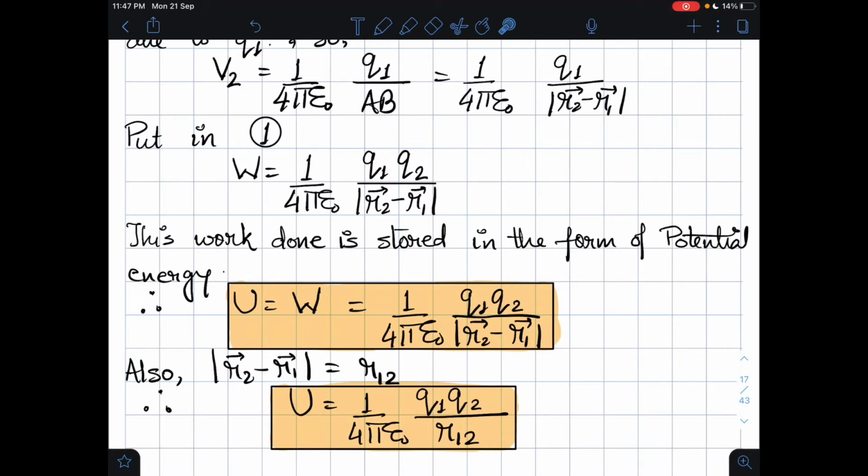Also, if you remember, mod of r2 vector minus r1 vector is equal to r12, which becomes U equals 1 upon 4 pi epsilon naught q1 q2 upon r12. So we find that the potential energy due to a system of two charges is given by U equals 1 upon 4 pi epsilon naught q1 q2 upon r12.